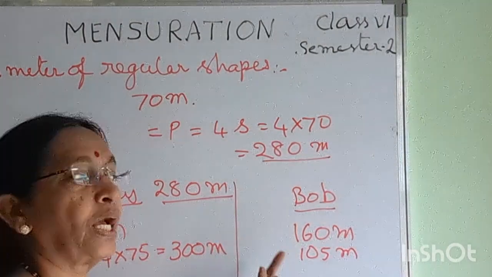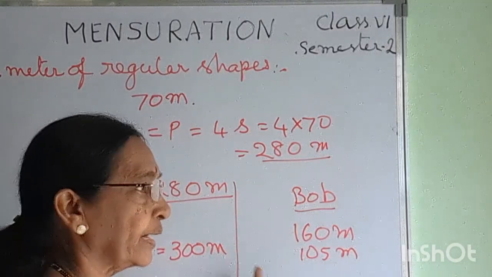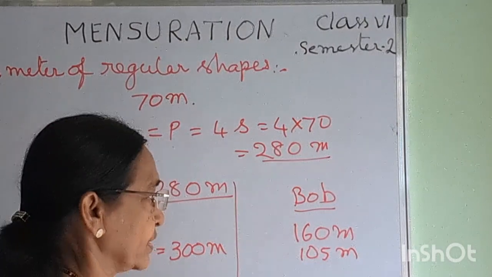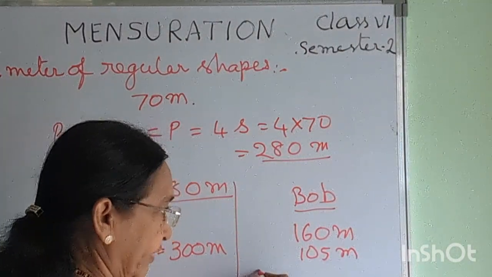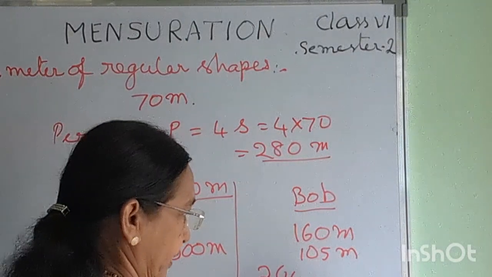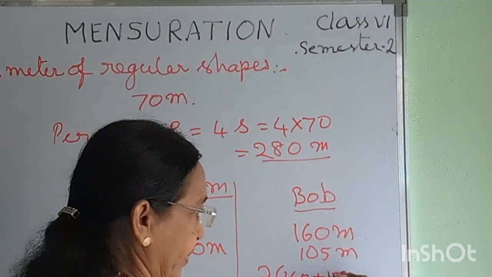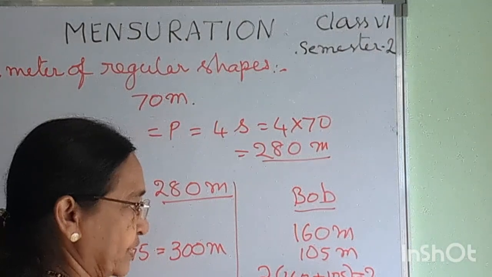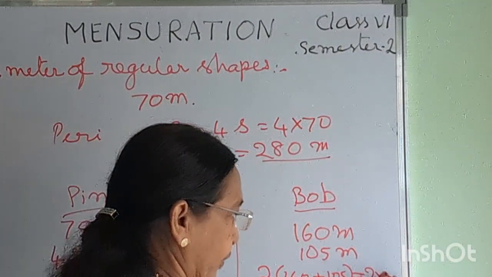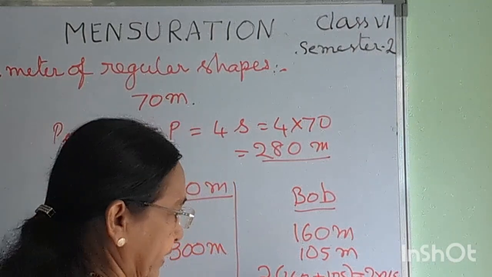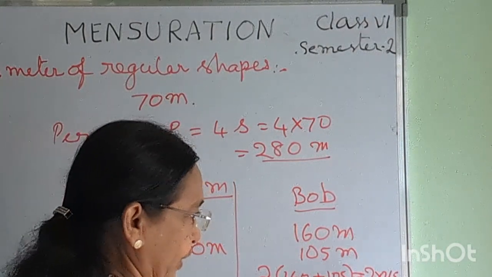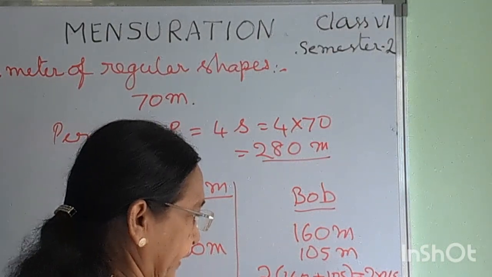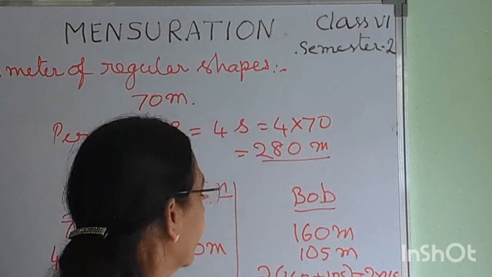And Bob covered 1 round along a rectangular field whose length is 160 and breadth is 105 meters. So the perimeter of that rectangular field is 2 into (L plus B), 2 into (160 plus 105), that is equal to 2 into 265, that is 530 meters.